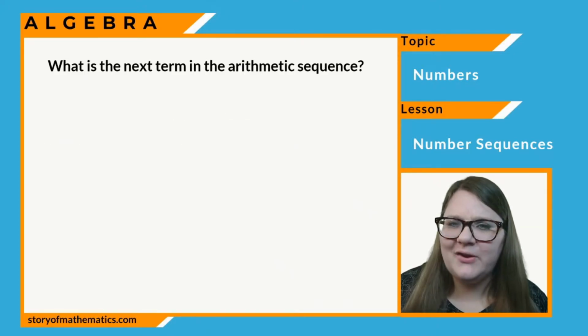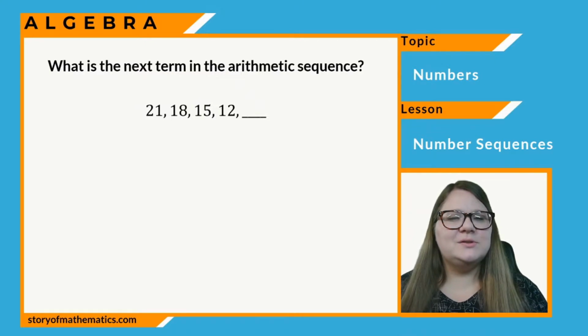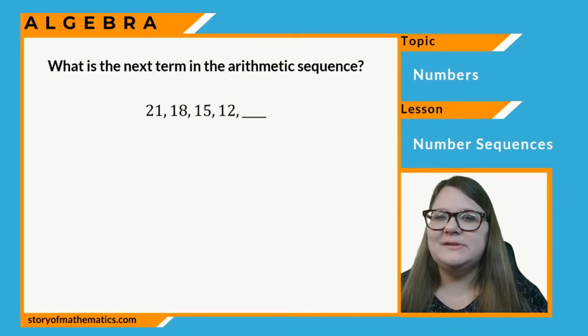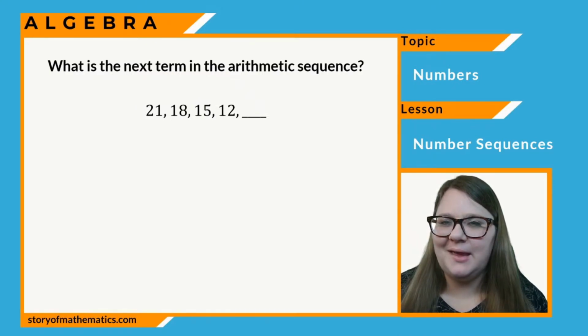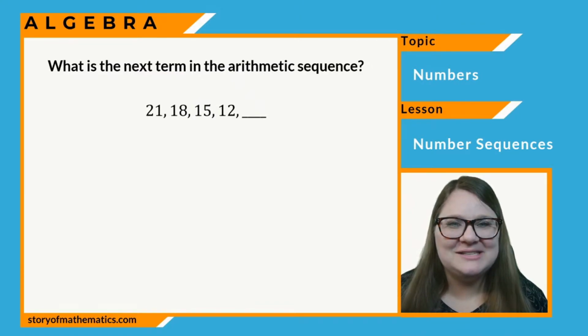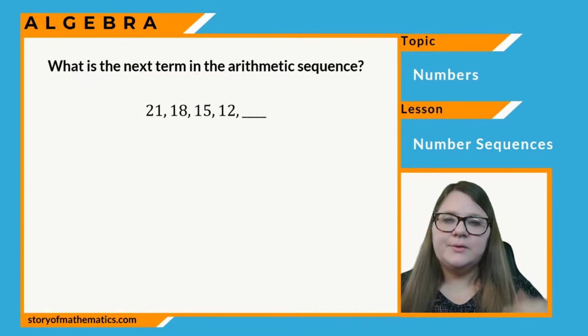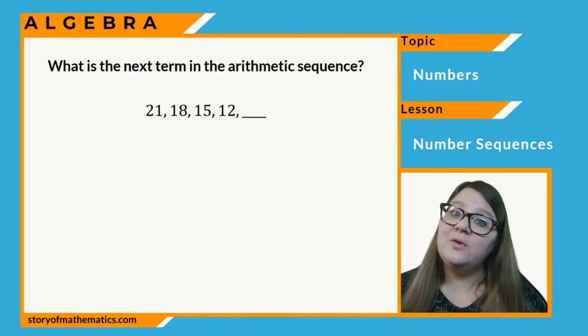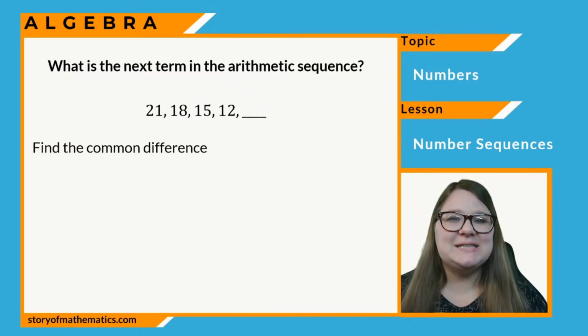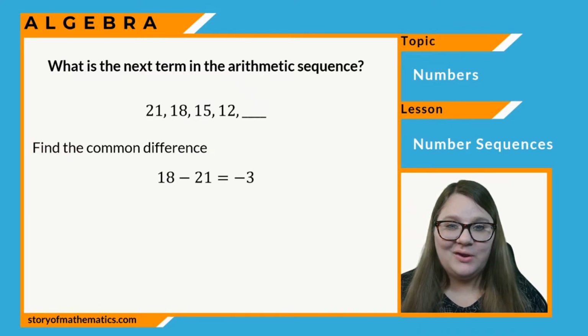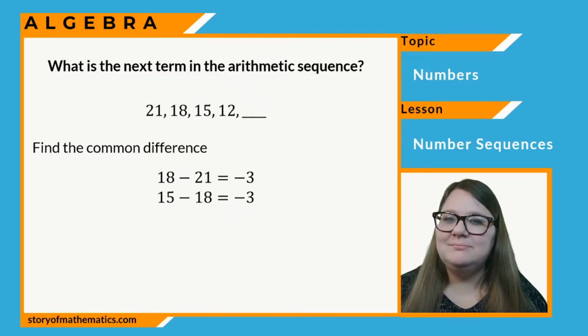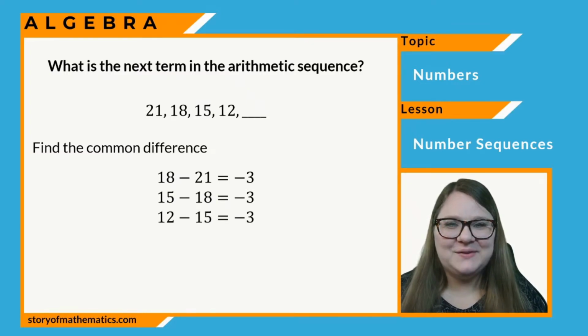Let's take a look at another arithmetic sequence. What if I gave you 21, 18, 15, 12, something? Well, I still want to find the common difference. So again, I'm going to take the second number and subtract the first one, the third one subtract the second one, the fourth one subtract the third one. And I want to make sure that it's the same thing all the way through. So 18 minus 21 is negative 3. 15 minus 18, negative 3. 12 minus 15, negative 3.